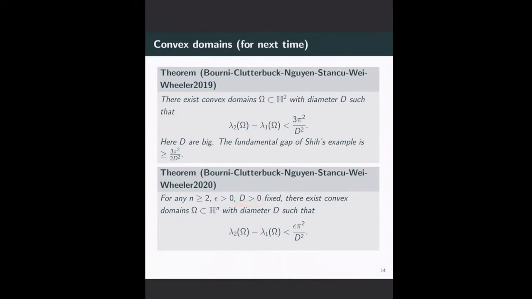So I can even find small domains. And the intuition in differential geometry is that if you are in a really small ball, then everything kind of looks like Rn. So everything should behave like Rn. But in fact, this result showed that even for a very small diameter, I can find a domain for which the fundamental gap is less than epsilon pi squared over d squared.